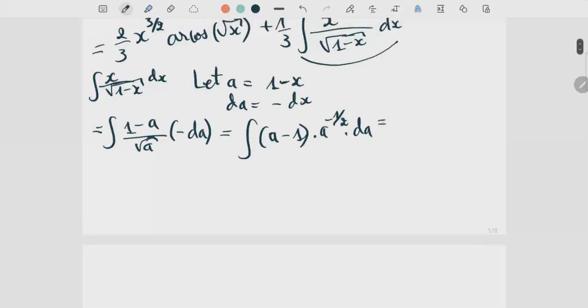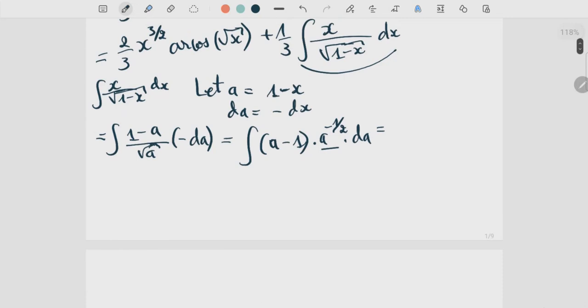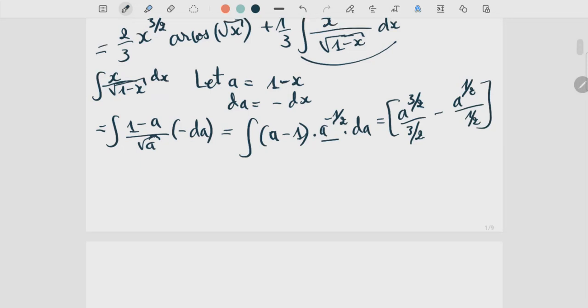And you integrate this, you can multiply the factor a to the negative 1 over 2 into the expression, and when you're done integrating, of course, what you get is a to the 3 over 2 over 3 over 2 minus, sorry, minus a to the 1 over 2 over 1 over 2, right?